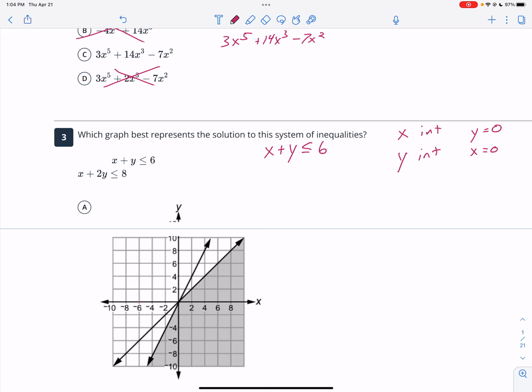And remember, your axis is the special line where the other variable is equal to 0. The y-axis is just the line x equals 0. Everywhere on that line, x is equal to 0. And same thing for your x-axis, your y is equal to 0. I've belabored that because students get confused.